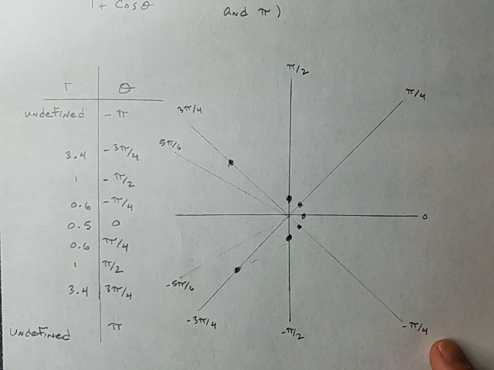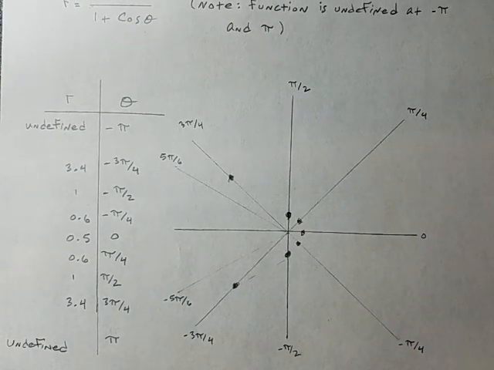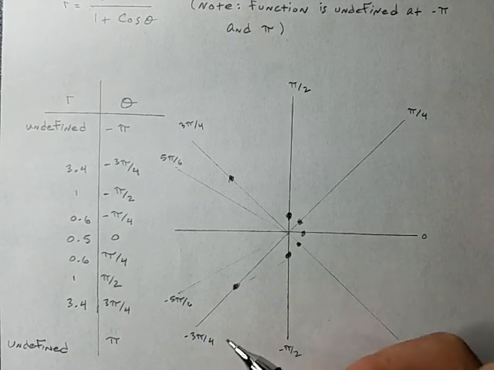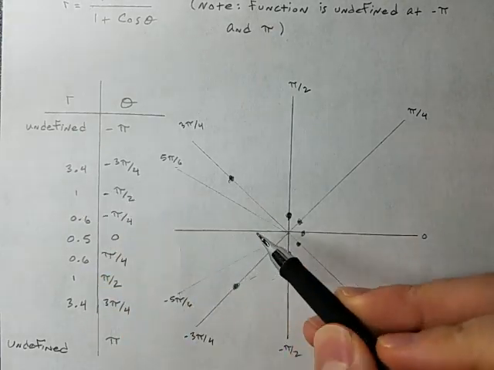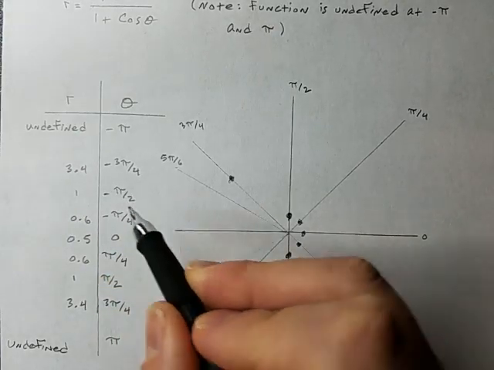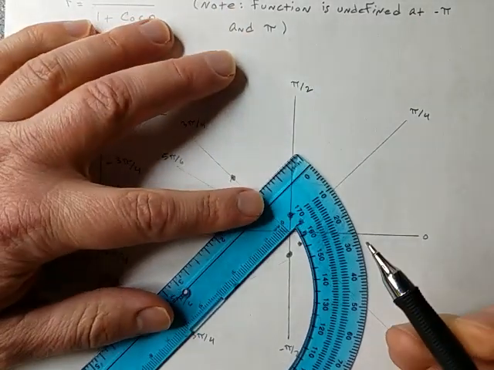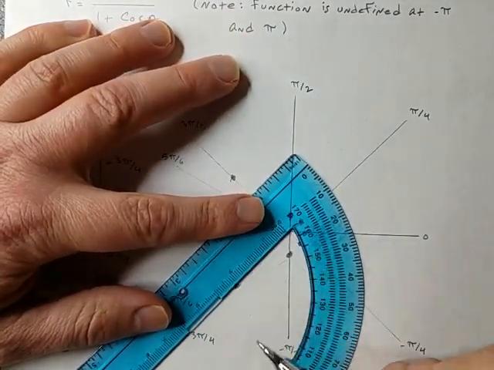Now, over here, I did take my time to draw that picture, all right? And in fact, when I say rotate negative 3 pi over 4, and I radially go in that direction 3.4 units of distance, I actually got my protractor and I decided my distance units would be centimeters.